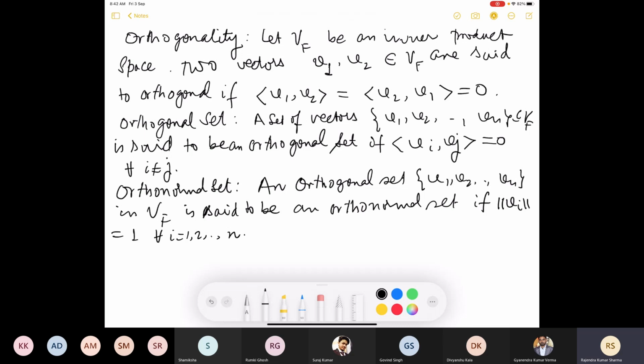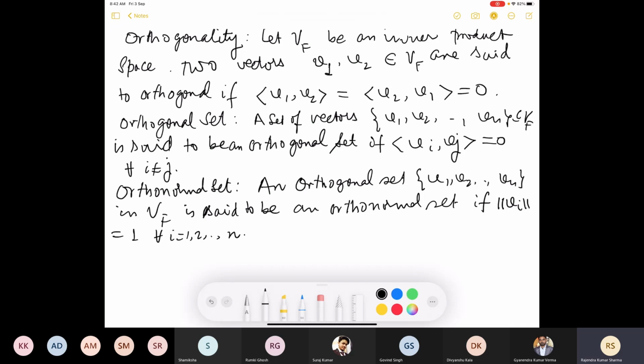So suppose there are two vectors V1, V2, orthogonal, with norm V1 is 1 and norm V2 is 1. Then the set consisting of V1 and V2 is said to be an orthonormal set, exactly these two elements.